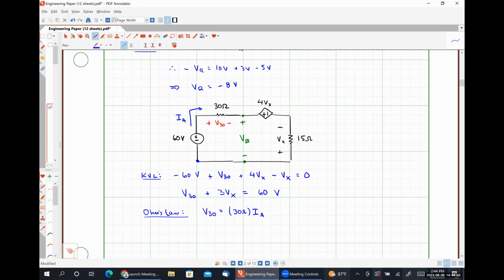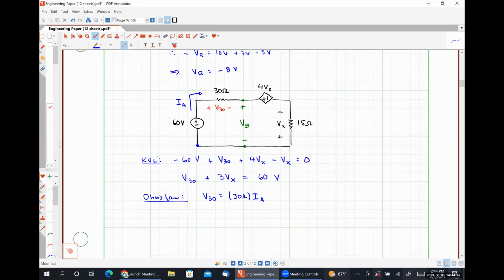So I use the positive sign representation of Ohm's law. Similarly, I could say that the voltage Vx is going to be 15 ohms times IA. And because the current is flowing into the negative polarity terminal, I need to put the negative sign out front.